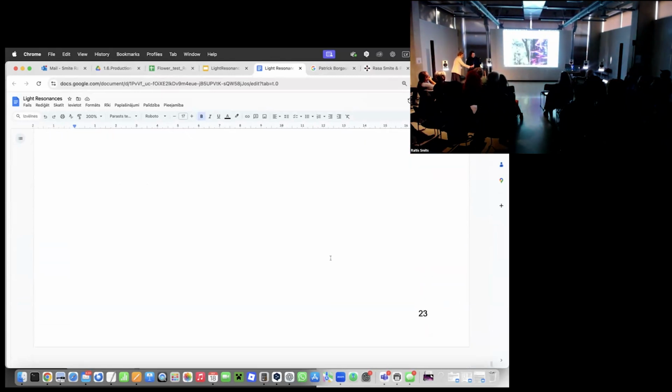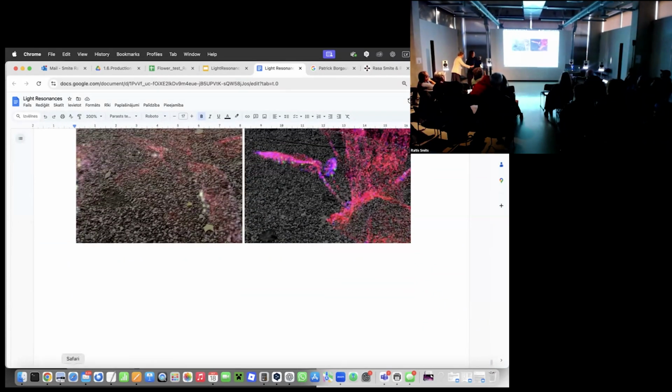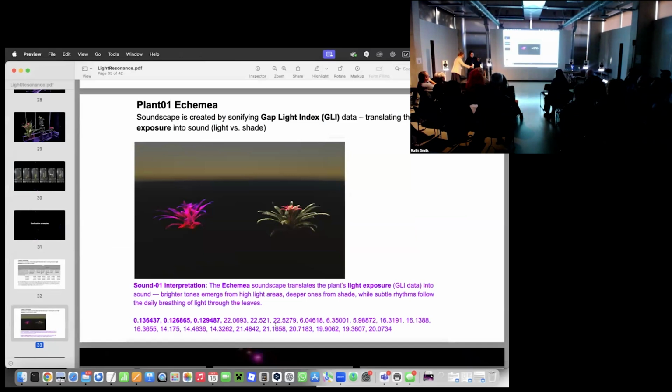And as this piece is about how plants perceive light, and as well, how we see plants, then what I came up with was that I want to use some sound material that is as well somehow connected to how plants use light, so photosynthesis.